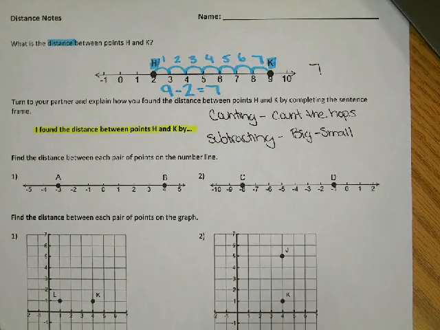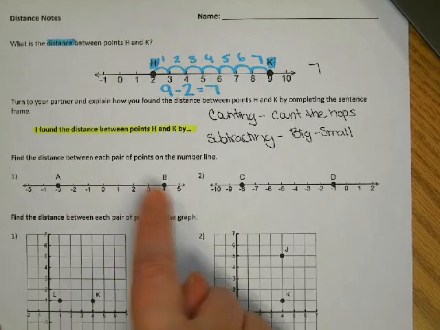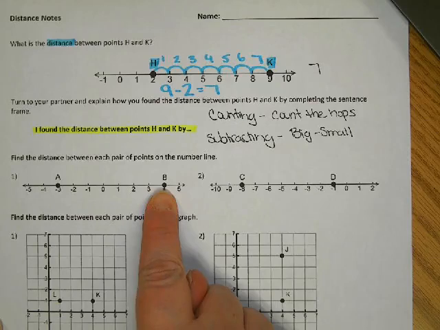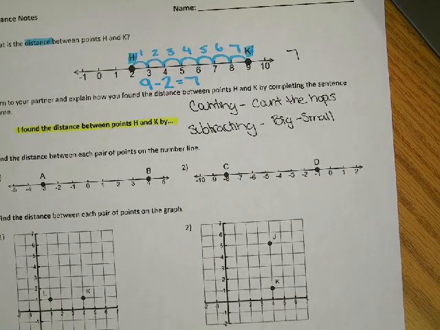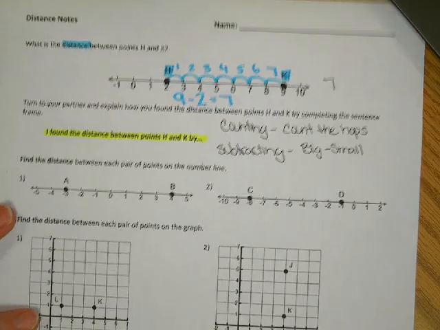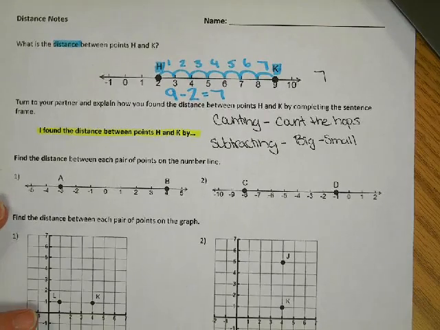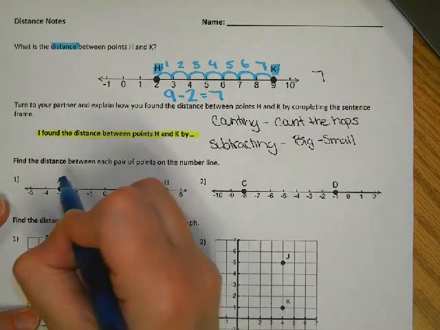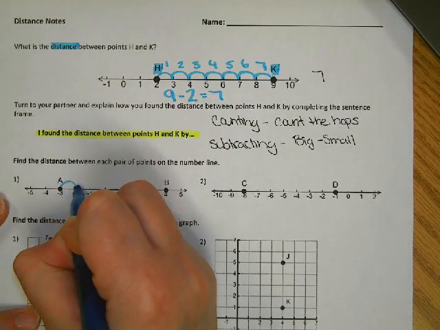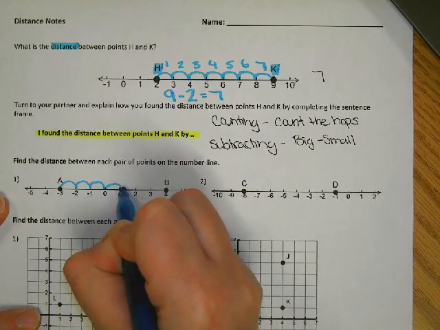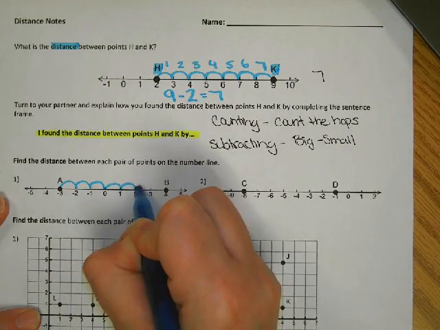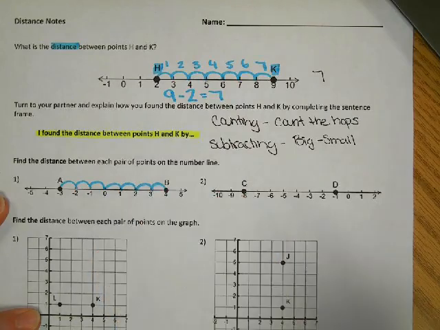Okay, so now let's find the distance between A and B. Let's find the number of hops between A and B. So 1, 2, 3, 4, 5, 6, 7.